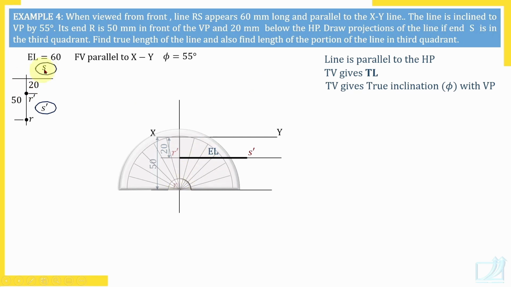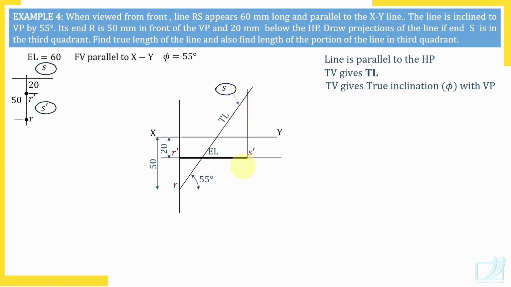That's given in the problem, that top view of point S is above XY line. Refer to the information. So we want S above XY line, and that is why we should measure that angle 55 degrees above the reference line. So this is the line RS, but we couldn't mark S because we don't know the true length. So on this line somewhere point S is.